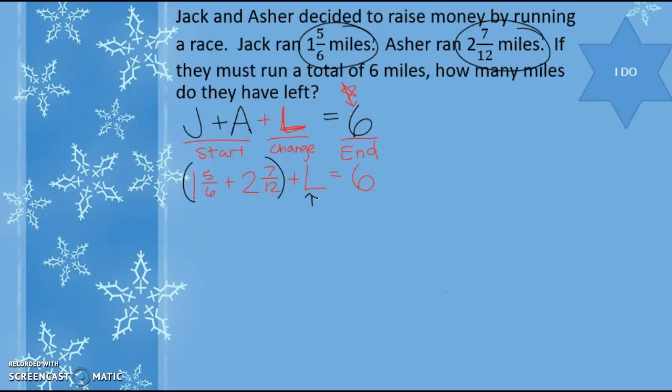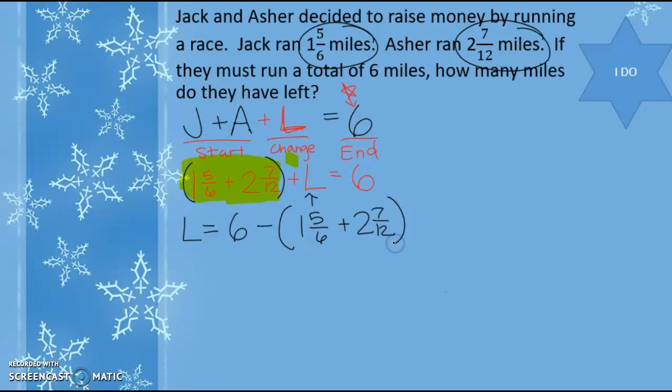We're going to do the inverse operation. We're going to move these two to the other side. So we'll have what's left equals 6 minus 1 5/6 plus 2 7/12.